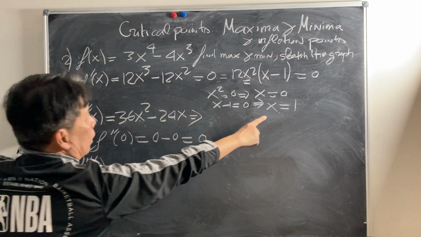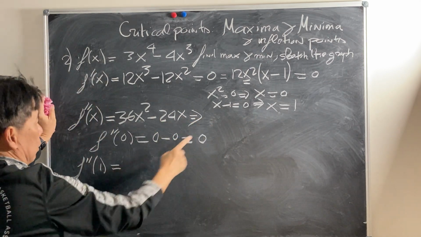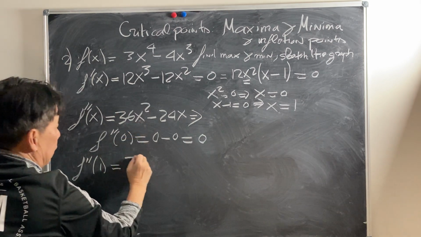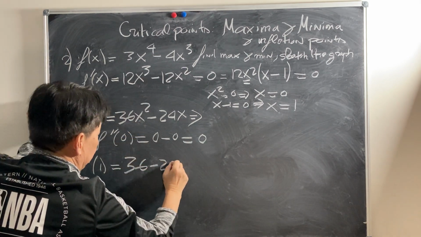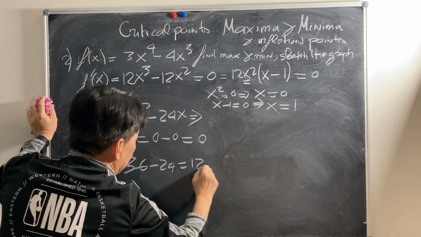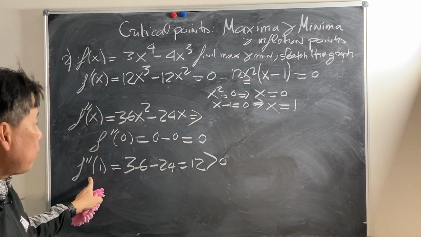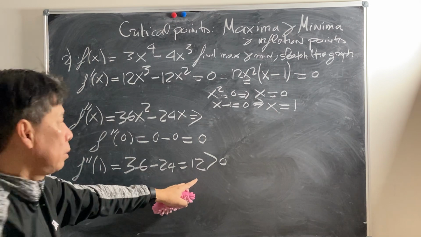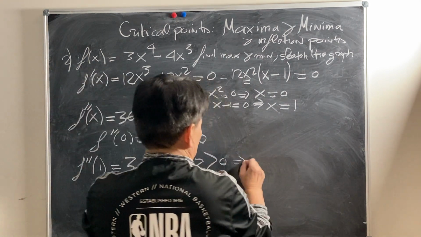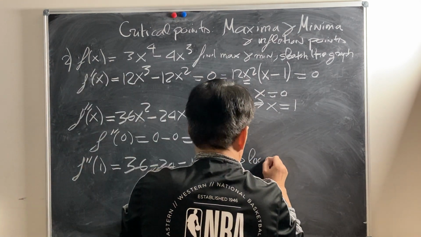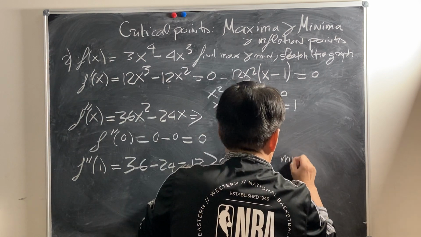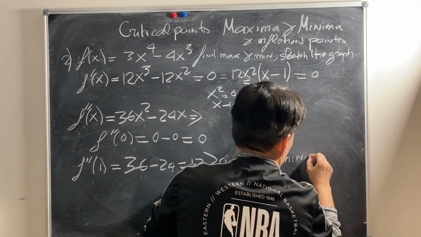To see if it's the inflection point or the maximum or minimum point, we plug 1 in here. We get 36 minus 24 equals 12, greater than 0. Okay, when the second derivative at the point is greater than 0, you can conclude that it is a local minimum point.